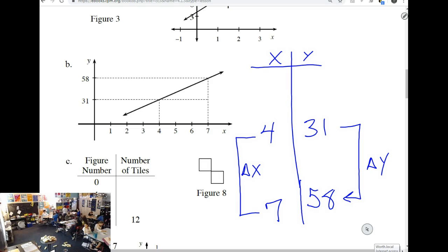Delta y is 27. I don't know where you came up with 2. This is 3, right? Yeah. I was looking at the line.